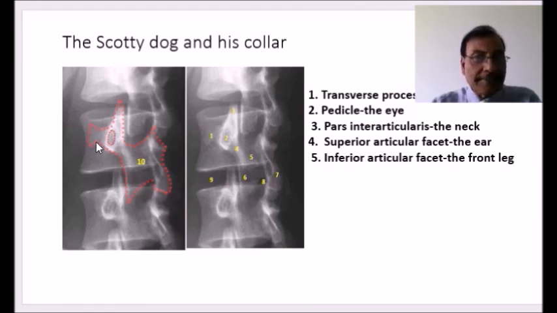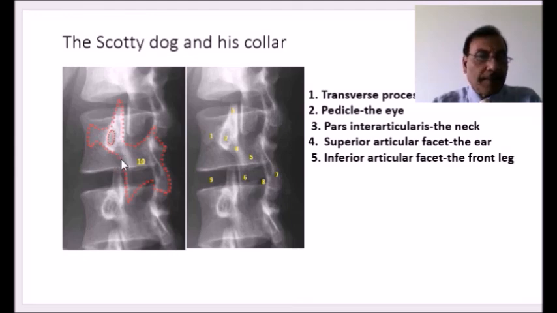This is the transverse process, which looks like a nose in oblique view. The pedicle, as usual, looks like an eye. The superior articular facet looks like the ear of the dog. And the neck of the dog, this part, is called the pars interarticularis.